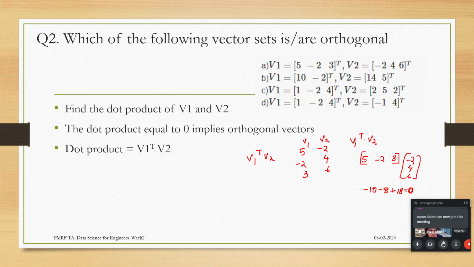Someone has given A. Okay, we will see that. Has everyone got the answer? A, C. Wait a moment.